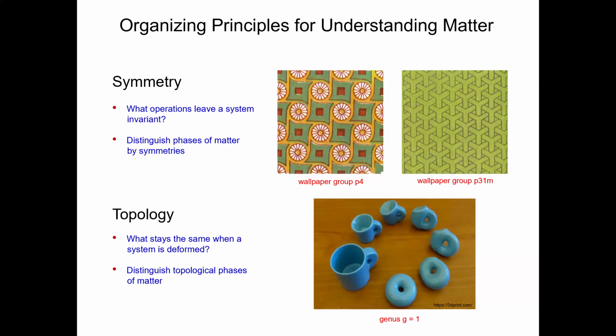There's an interplay between them from which you get more than just the sum of the parts. In particular, in the context of electronic materials, the interplay between symmetry and topology is very rich. And so this is what I want to tell you about.